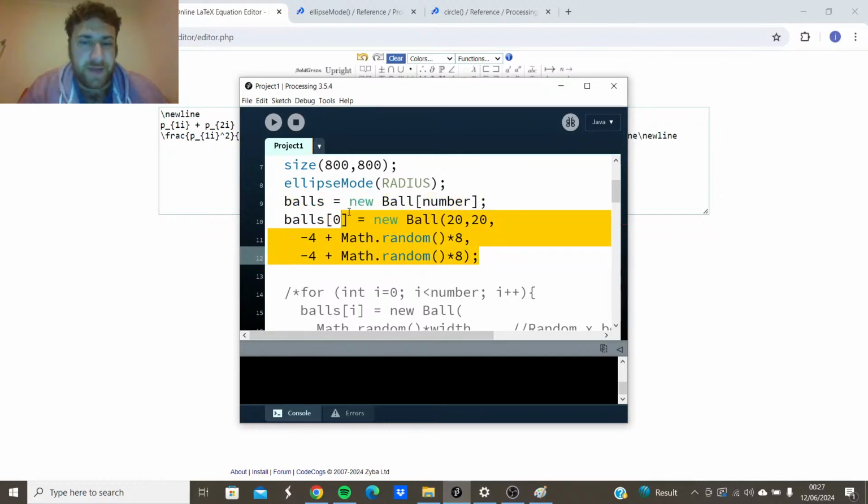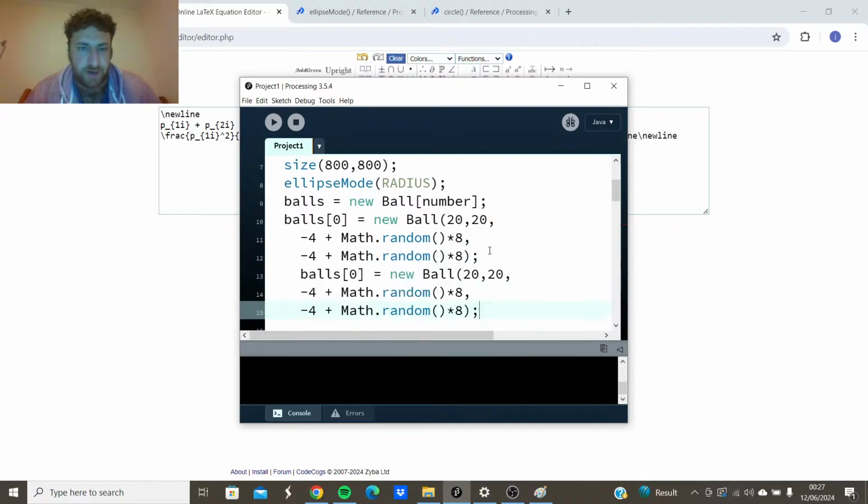I actually have a better idea. No, I don't. Do I? No, it doesn't matter. I'm just gonna copy and paste this code for ball 2, which is actually balls 1, and just change the y value to like 80 or something. Also, these values should be much bigger.